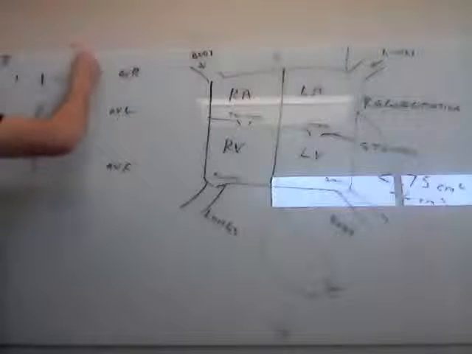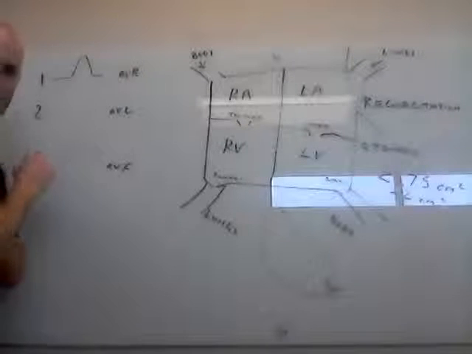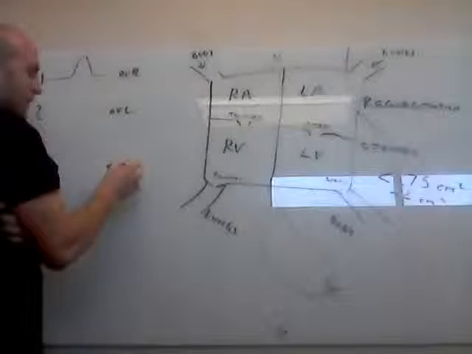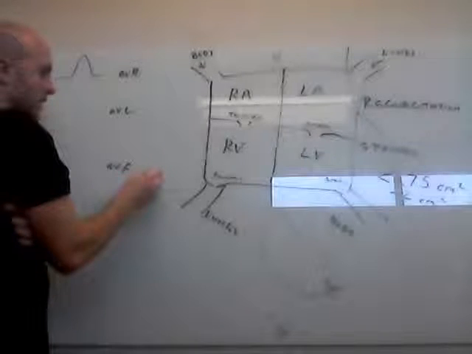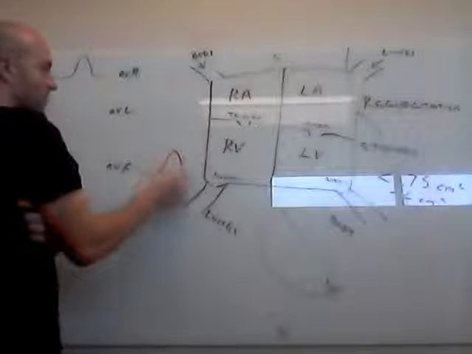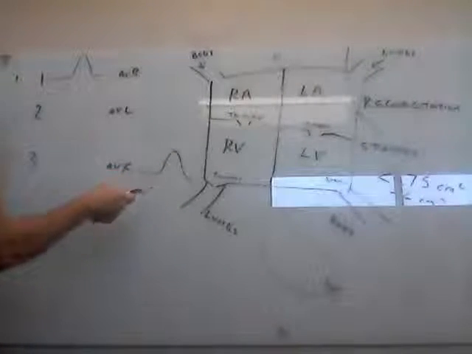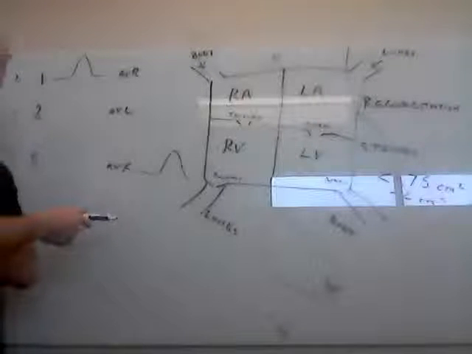Overall, is lead 1 mostly pointing up? And you go to AVF, is it mostly pointing up? Well, if this is mostly pointing up and this is mostly pointing up, that's normal, okay?